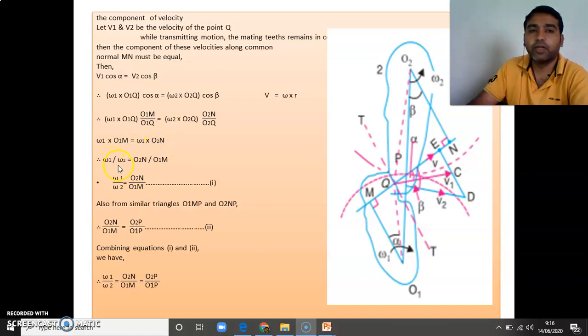That means omega 1 upon omega 2 is equal to O2N upon O1M. Therefore we get this as equation 1.